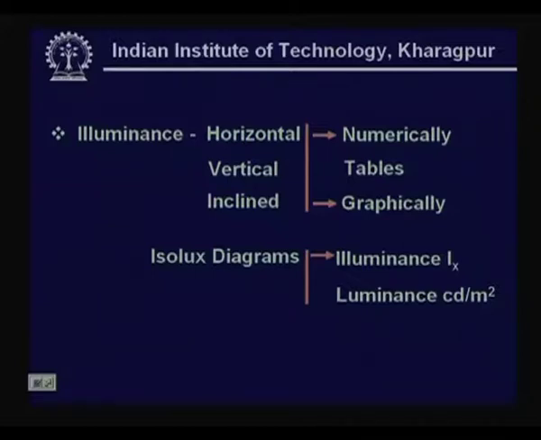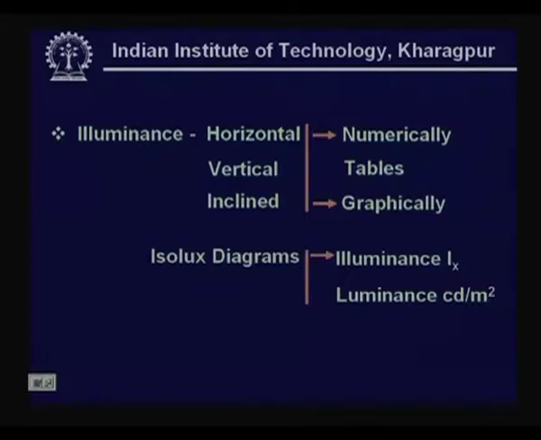These diagrams are called isolux diagrams. All of us are aware, like the weatherman talks about isotherms, that is the equal temperature curves. In a similar way, the lighting engineer works with equal illuminance diagrams, which are isolux diagrams.